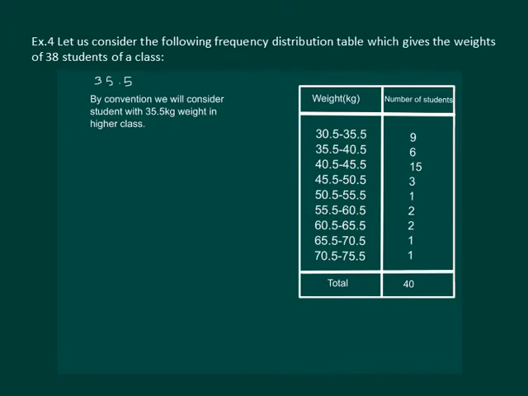So that means we will add him in the higher class. Similarly, 40.5 kg appears in both the classes, but we will count him in the higher class. So he will appear in 40.5 to 45.5.